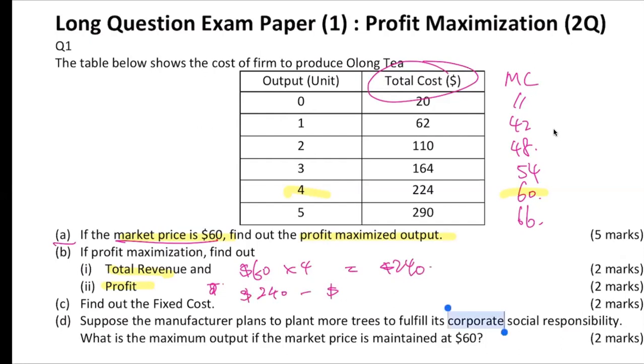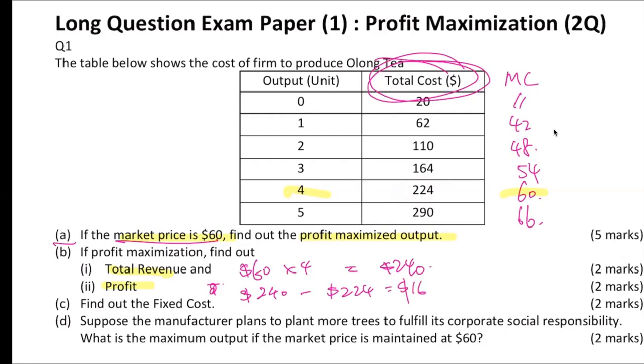Oh, actually very obvious, no calculation is needed. 240 minus 224. So actually it's provided. Then we have a $16.